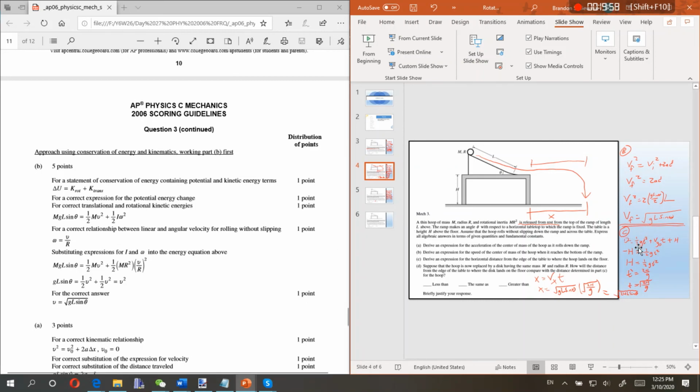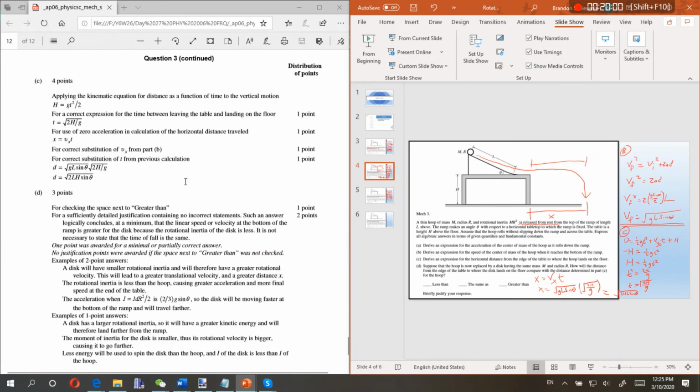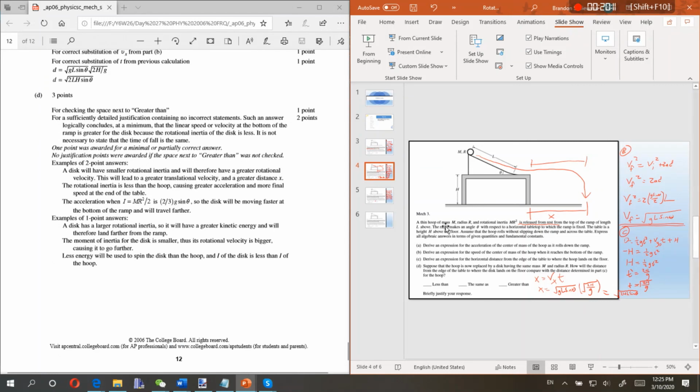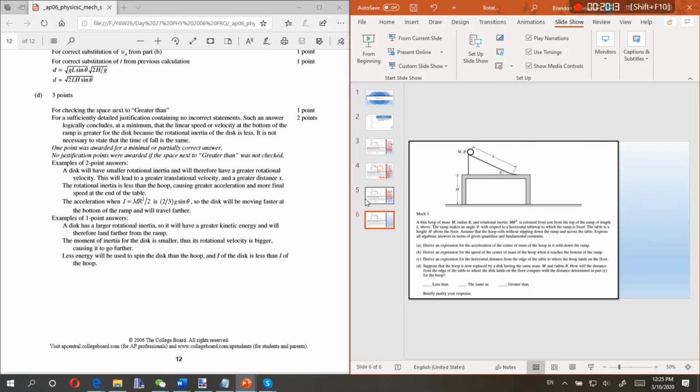Then for part C, height, time, okay, we're good. Substitution and distance, okay, we've got all of that. Then checking greater than, okay, and then 2 points for justification.